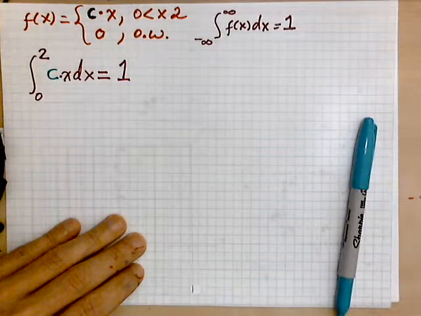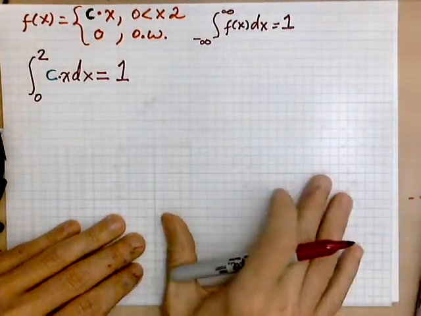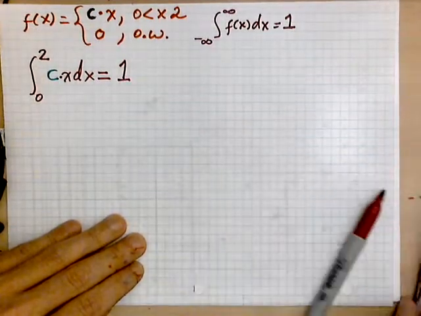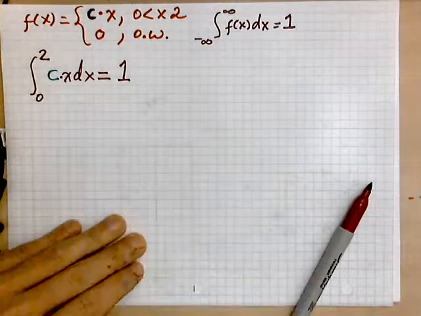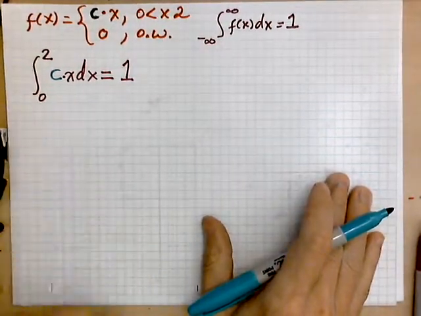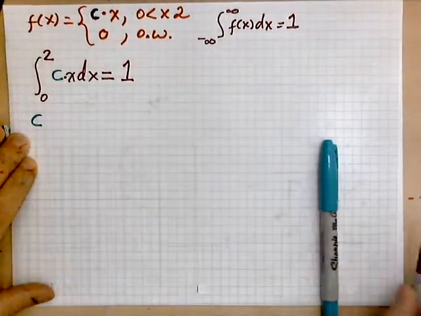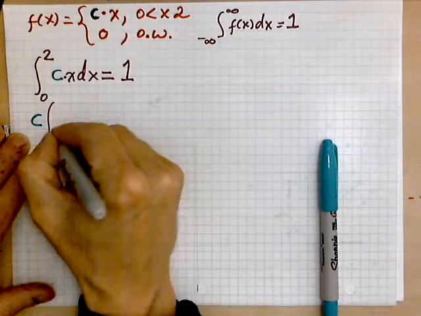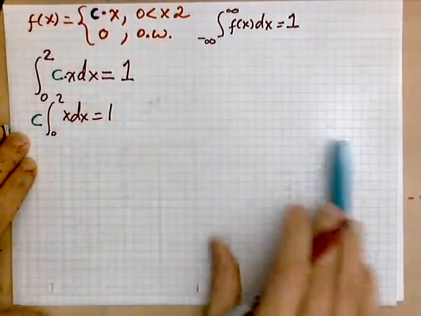So here now you have to draw upon your knowledge of integration, specifically the power rule, and make the observation that the c with respect to the integral is constant, which means you can pull it from the integral. Okay, so pull the c out, and then what's left is the integral from 0 to 2 of x dx, and all of this still equals 1.